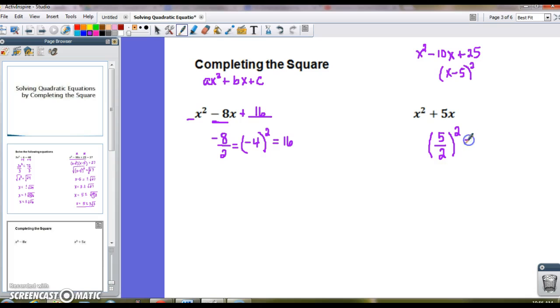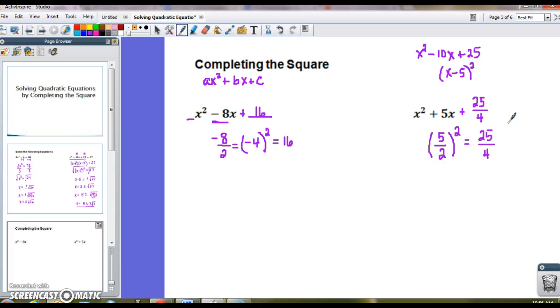When I square a fraction, I square the numerator and I square the denominator. And that's what goes here. I know people hate to see fractions, but trust me on this, it's going to be way easier to leave it as a fraction. Okay, so that is the process of completing the square. That's what it means to complete the square.